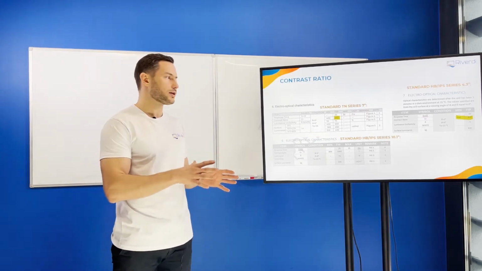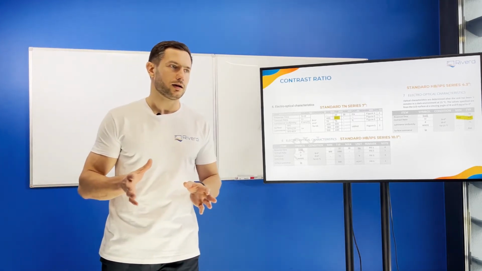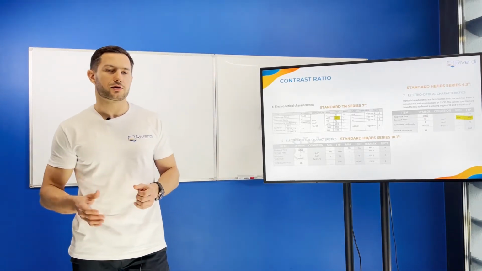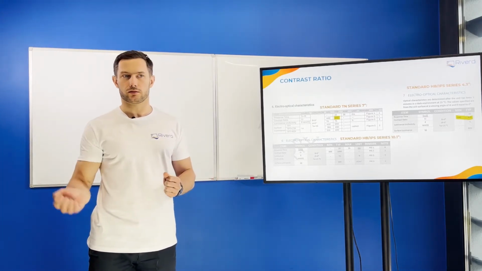It's a little bit different number than you can see if you buy a TV. If you go to the specification of a TV, you may find a number like even 1 to 1 million of a contrast.